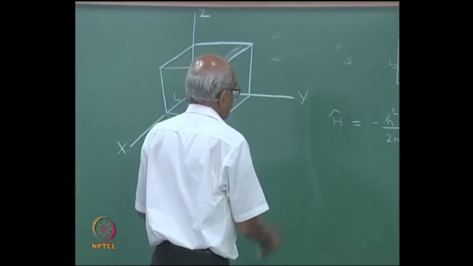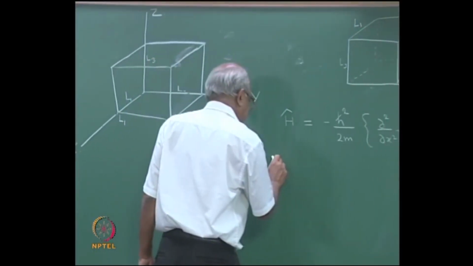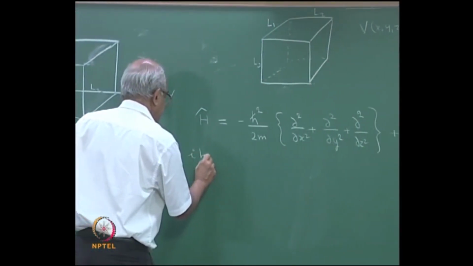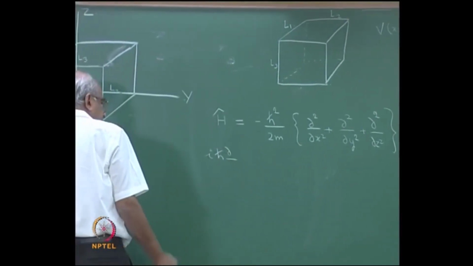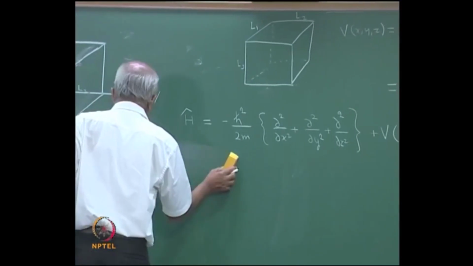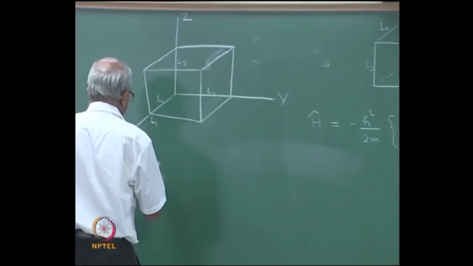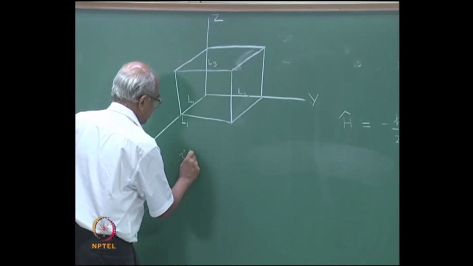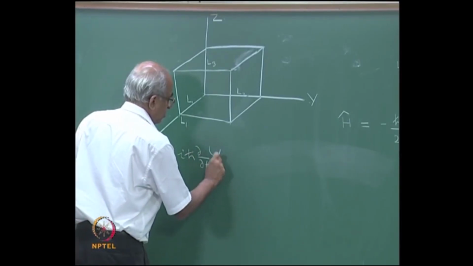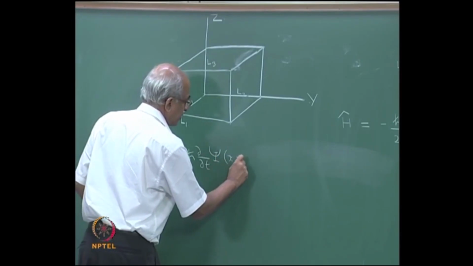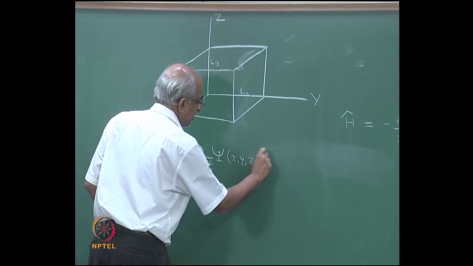So, now I want to solve the Schrodinger equation. Of course, I should actually write down the time dependent Schrodinger equation, but it is not necessary for us to analyze that, because we have already done this analysis earlier. But just for the sake of completeness, let me write it here.